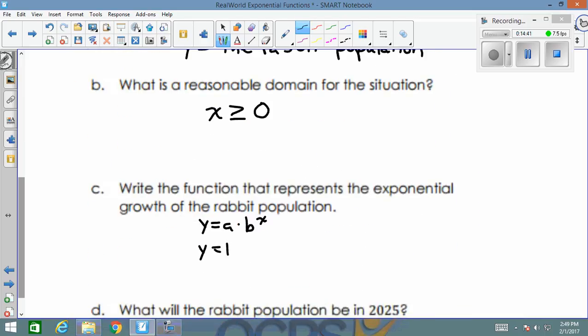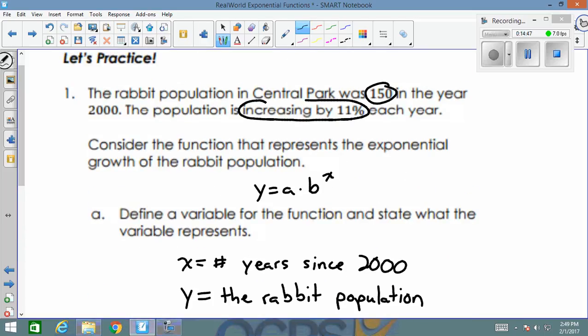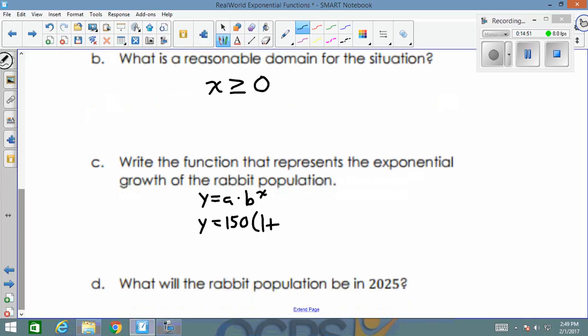So it's going to be 150 times, and we need to identify its growth. It is growth, increasing by 11%, so it's 1 plus, since it's growth. If it was decay, then it would be 1 minus. 11% is the same as 0.11. So our function is y equals 150 times 1.11 to the x power.